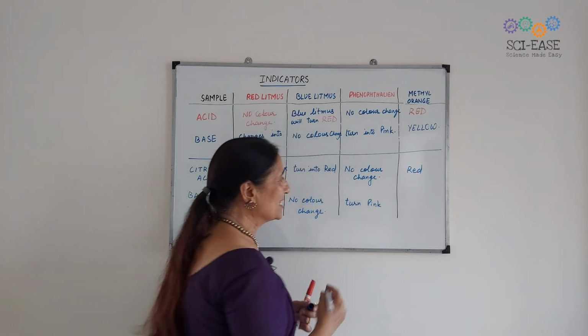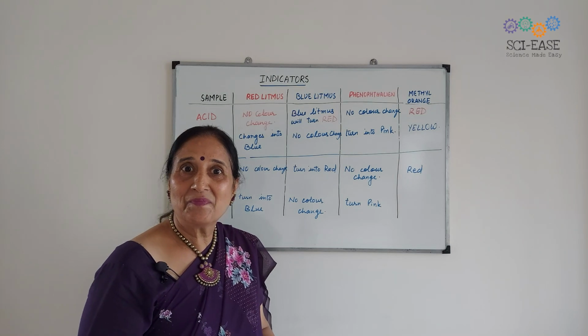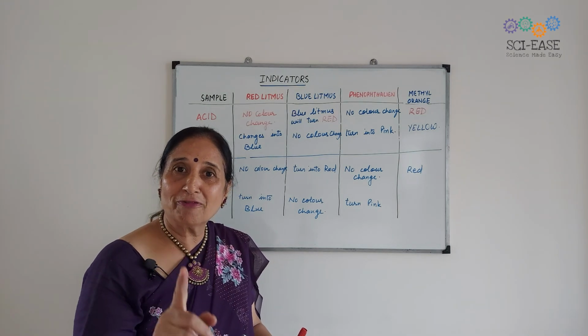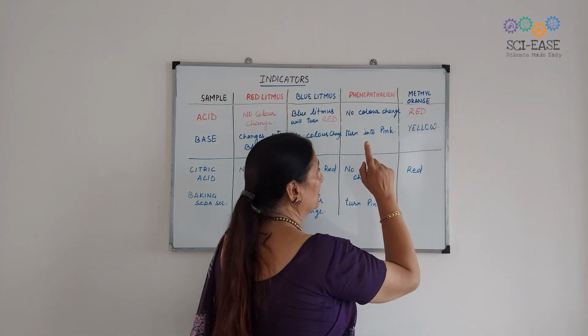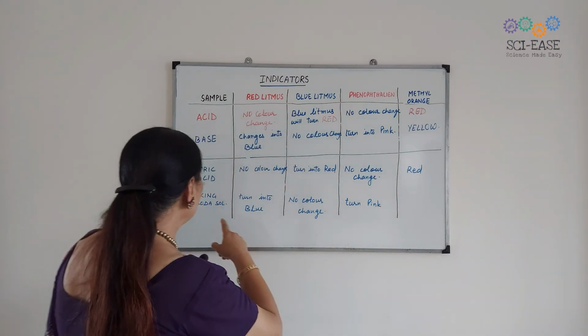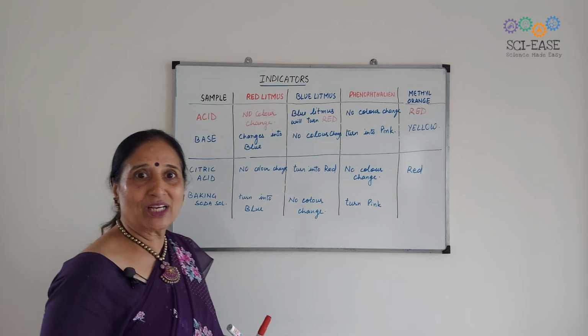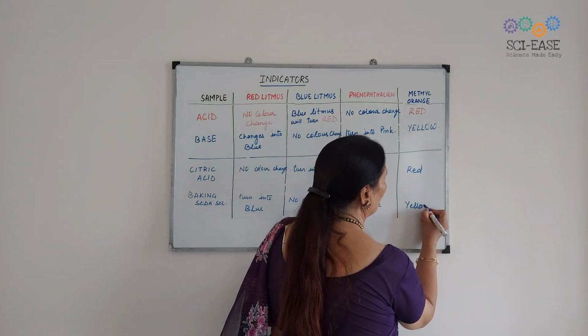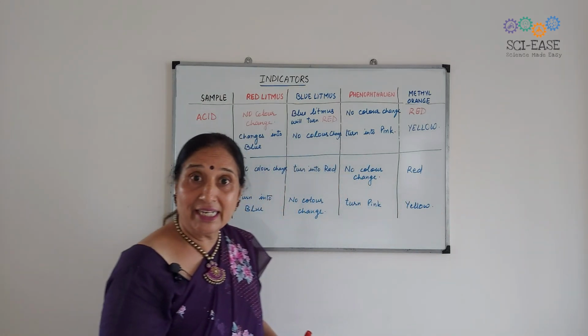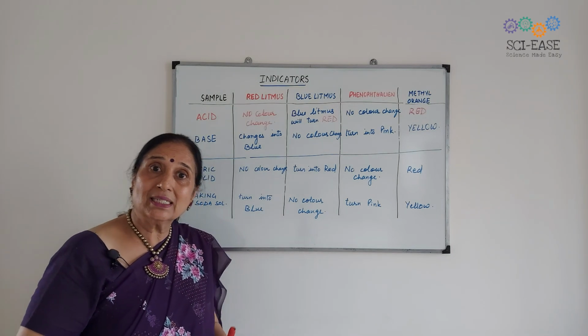Okay, so bases turn phenolphthalein to pink. And then when methyl orange is added to the baking soda solution, it will turn into yellow. I think the things are clear to all of you, what are the color changes.